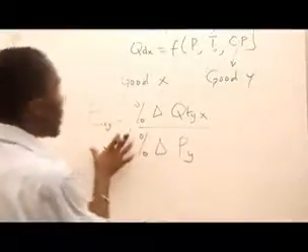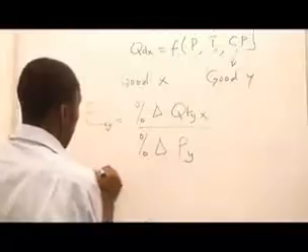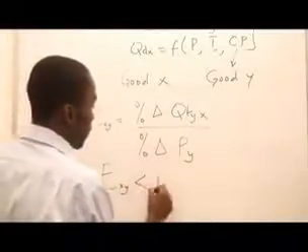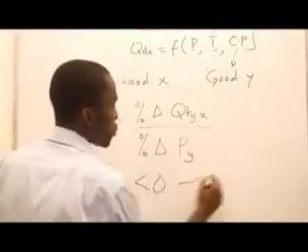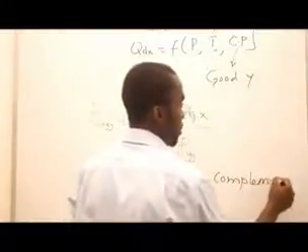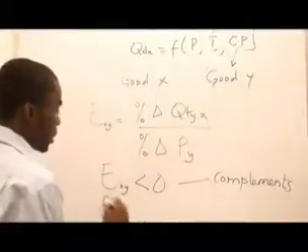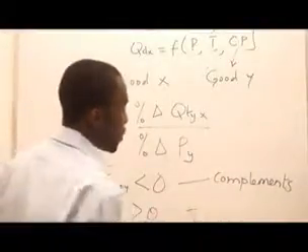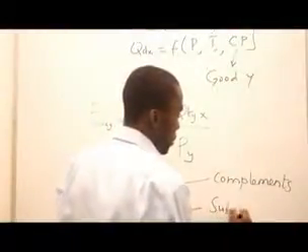If we calculate our elasticity and we end up with a negative sign, then we are saying the two goods are complements. But if we calculate our elasticity between the two goods and we get a positive value, then we say the two goods are substitutes.